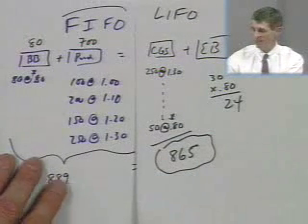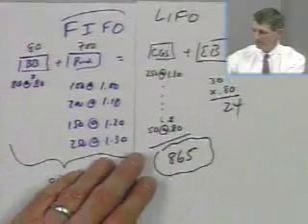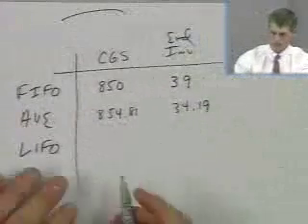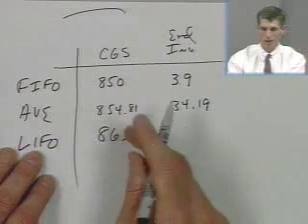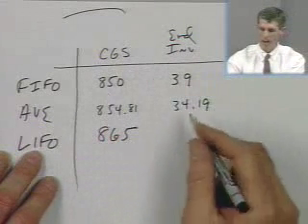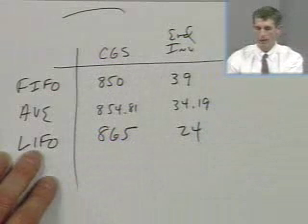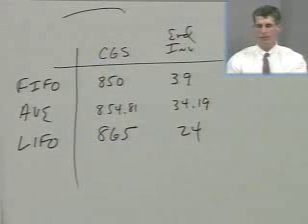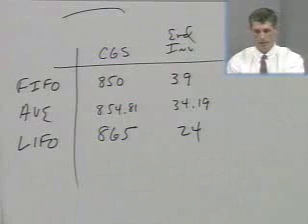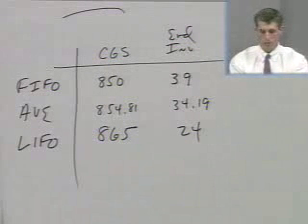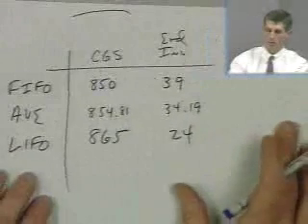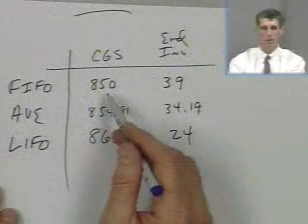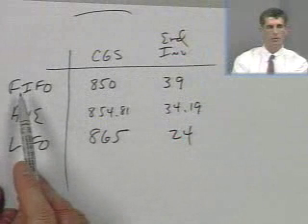Questions? So we fill in our chart, and we see here this 865 is the cost of goods sold for LIFO, and 24 is the cost of inventory, or the balance of inventory. Now, notice what's happening. If you want to have a relatively low cost of goods sold, which method of inventory do you choose?